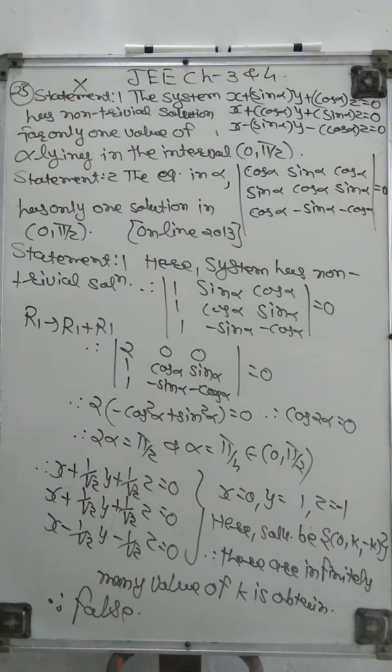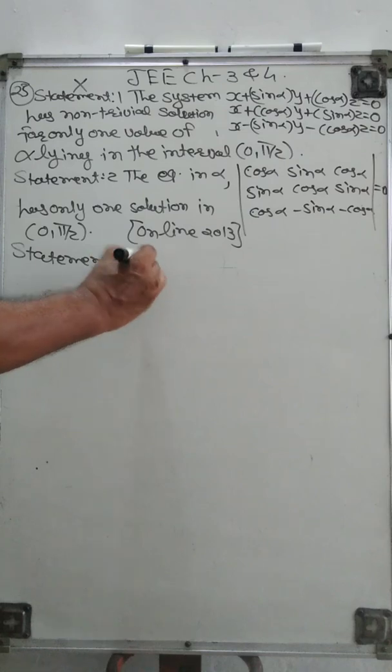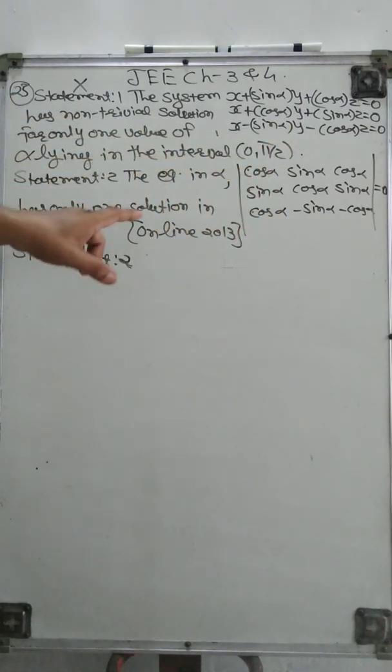We just checked it. Now we talk about the second one. Here it is given that there is only one solution in 0 to pi by 2. So first of all I remove statement 1 and then we go for the next one. In statement 2, it is given that the equation in alpha equal to 0 has only one solution in 0 to pi by 2.